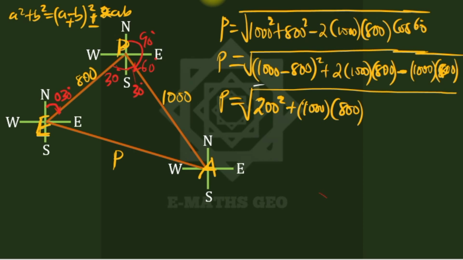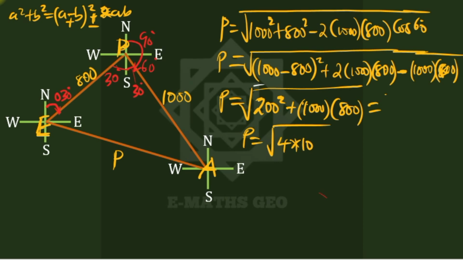So this 200 is 2 times 10 squared, all squared, which gives 4 times 10 raised to power 4.